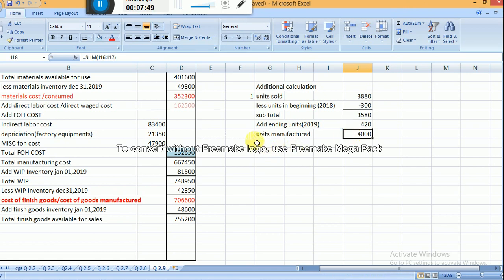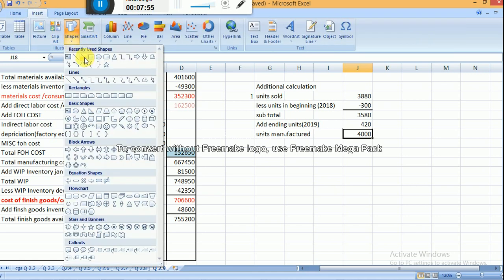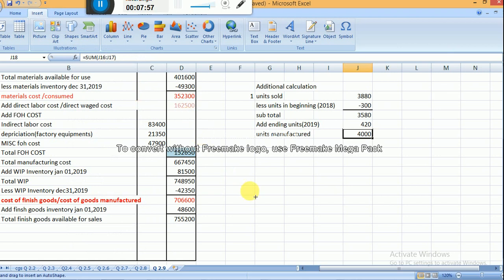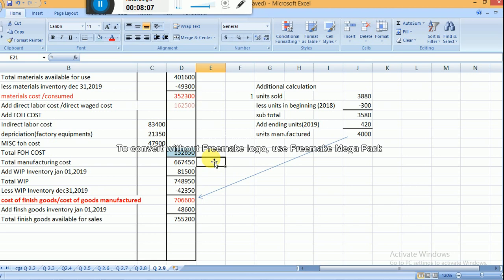Clear? And the 4,000 units which we produced, their cost is the cost of goods manufactured, the cost of the finished goods. So 4,000 finished goods we produced and their cost is 7,06,600.